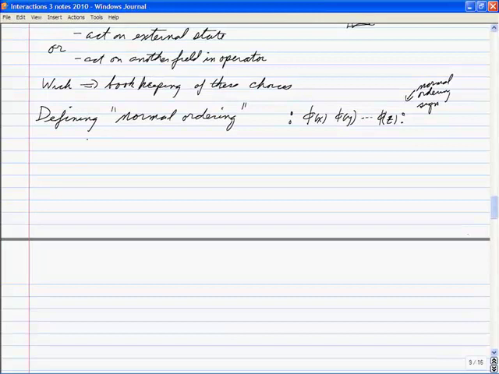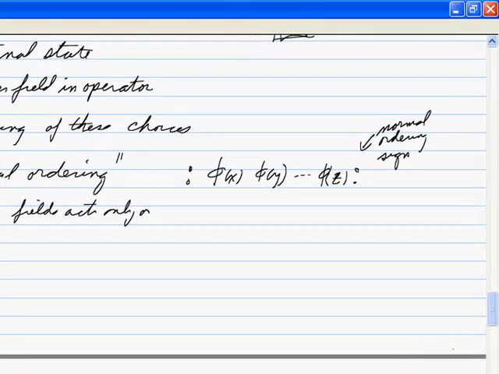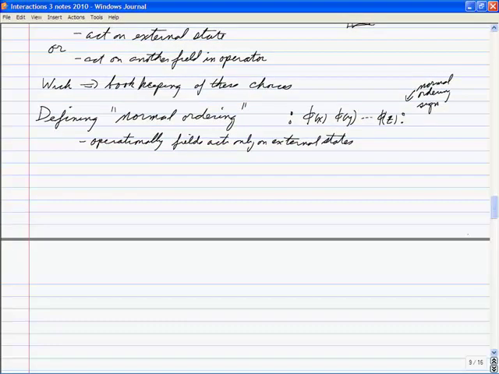There's two ways of thinking about it. Operationally, the fields don't act on each other. They act only on external states. So what happens in normal ordering is these things never annihilate each other.